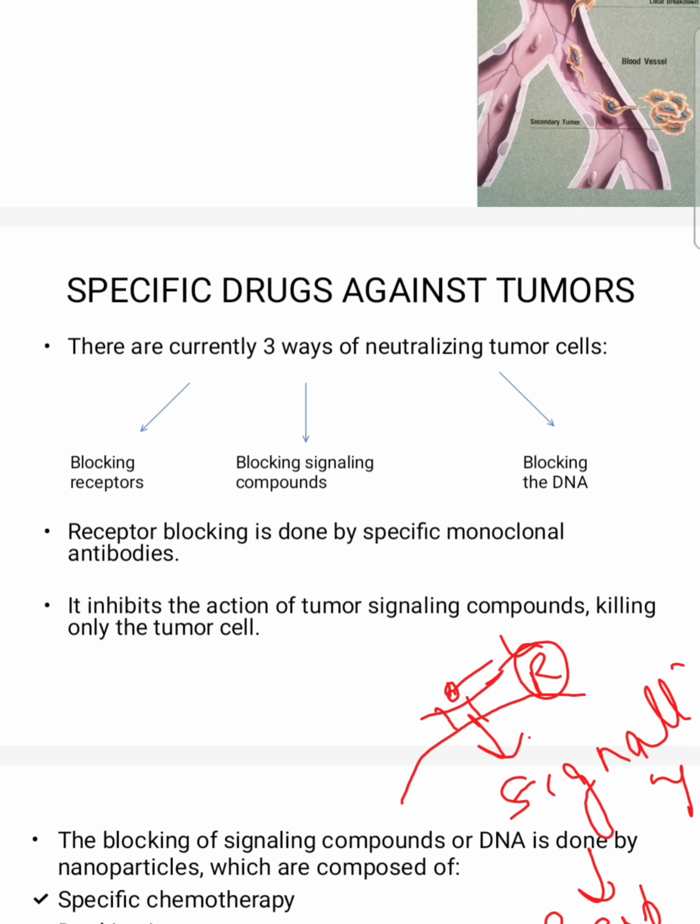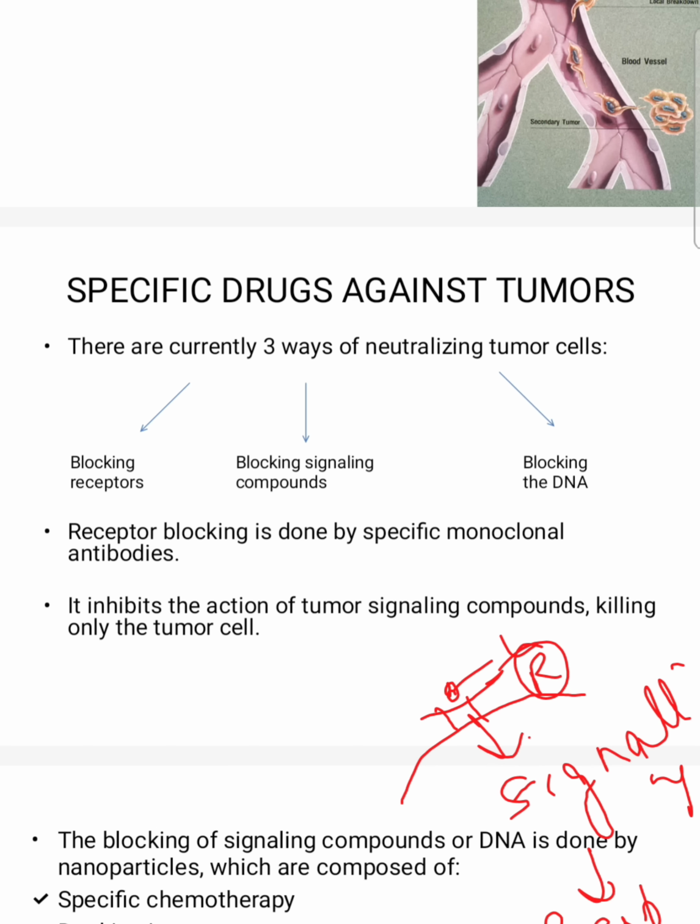So if the blockage takes place at the first step itself, that is receptor blocking, it is done by specific monoclonal antibodies, and it inhibits the action of tumor signaling compounds, killing only the tumor cell. The second step is blocking signaling compounds or DNA, which is done by nanoparticles composed of specific chemotherapy, docking the receptor.